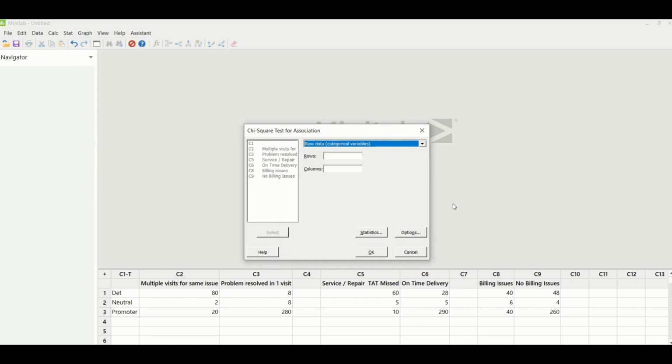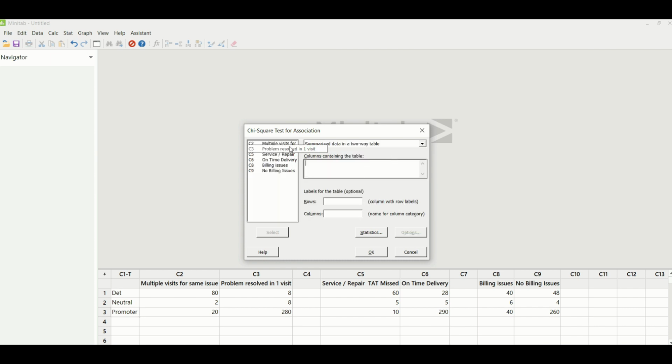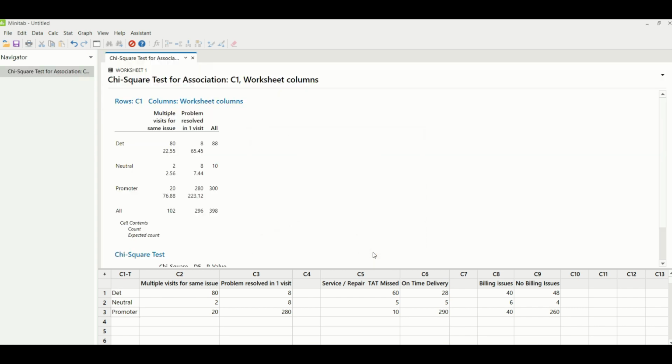The first thing we will select is Summarized data in a two-way table. And then we will have Columns containing the table. Here we will select multiple visits for the same issue and problem resolved in one visit together in one go. And in the rows, we select C1 and click OK.